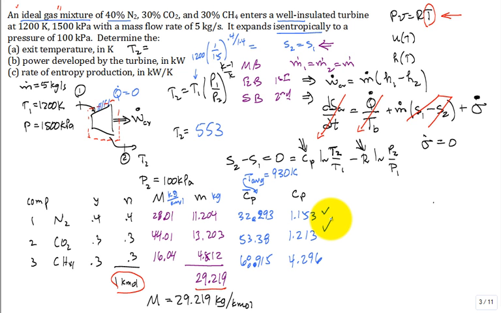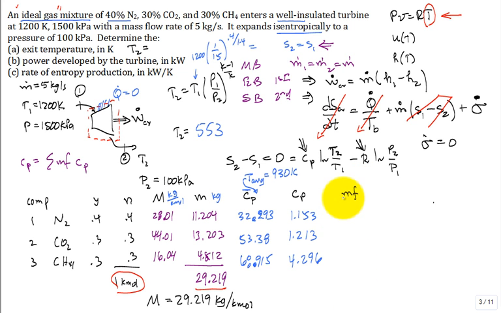Okay. But what I need is the specific heat of the mixture. How do I get the specific heat of the mixture? C sub P of the mixture is the sum of the mass fractions times the specific heat of each of the components. So I need to get those mass fractions. I have all the information to get them.